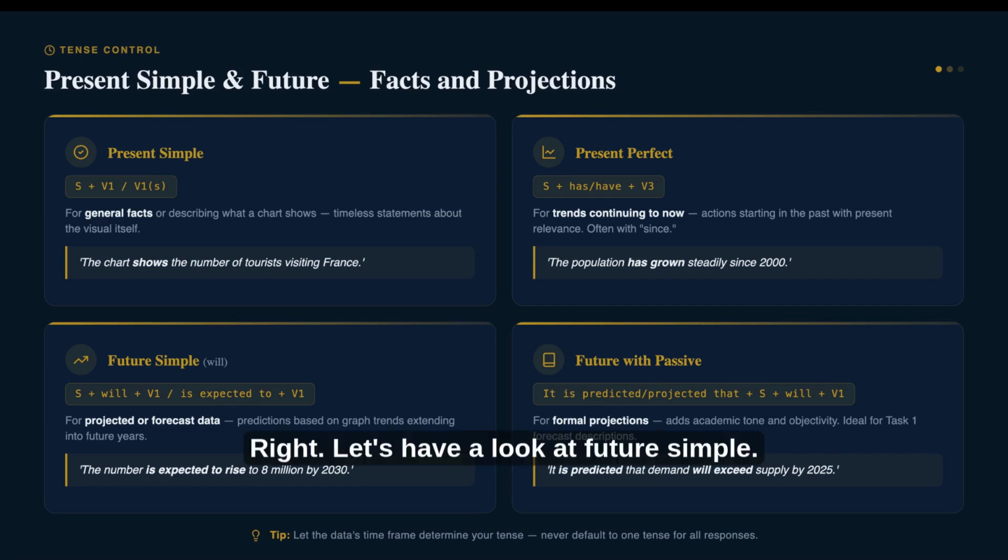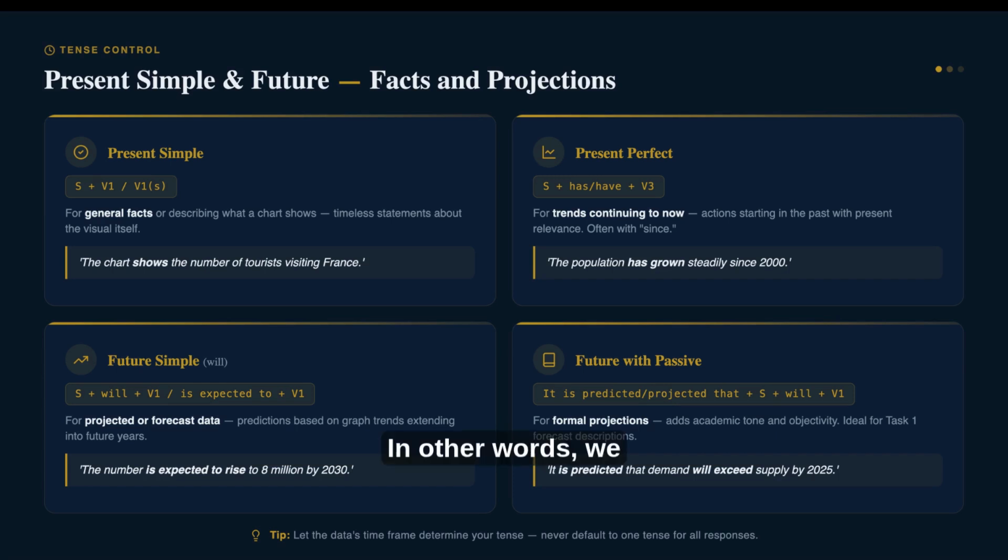Right, let's have a look at future simple. Well, of course, future simple uses the auxiliary will. So we use future simple to forecast or project data.